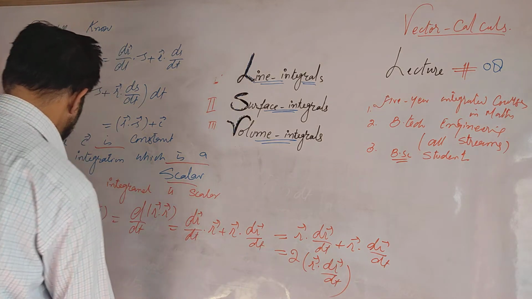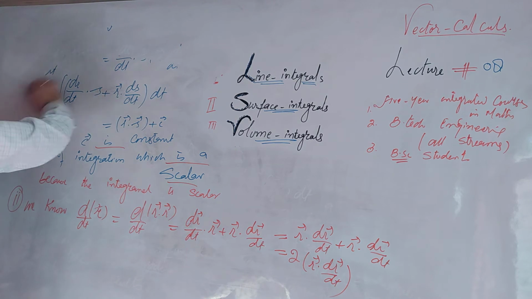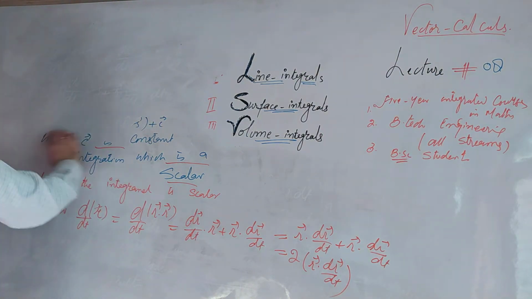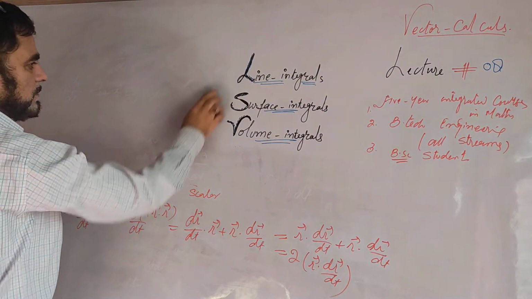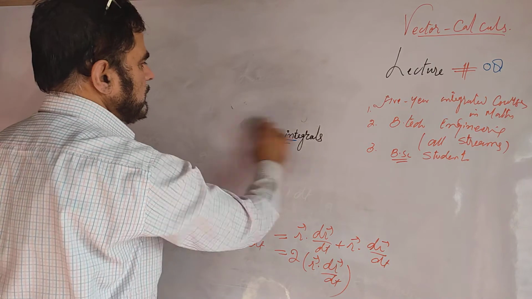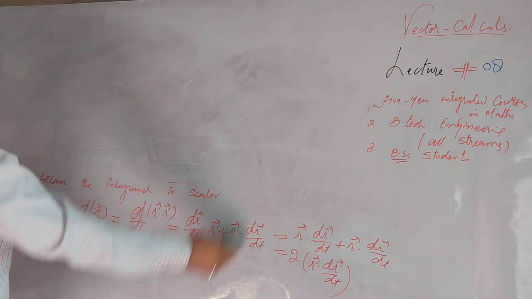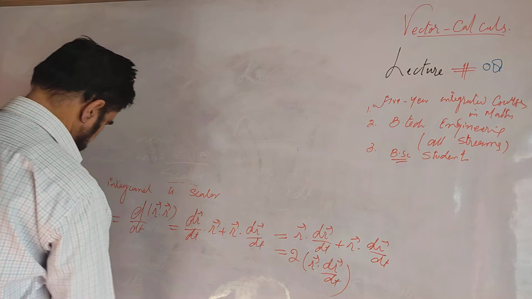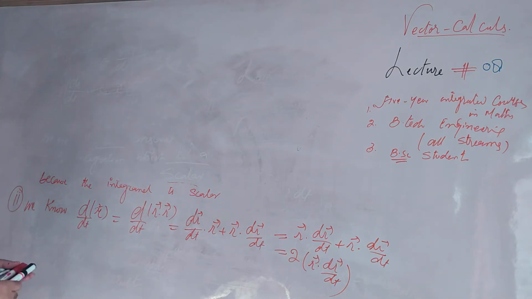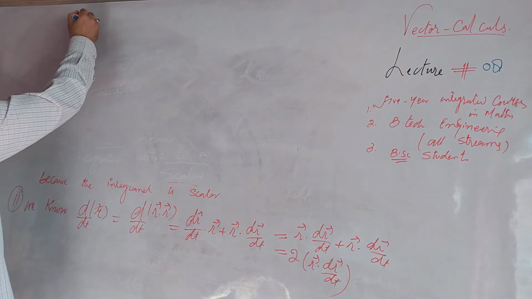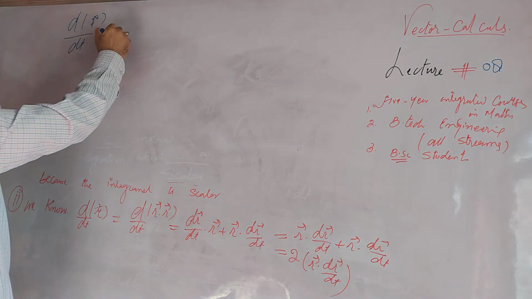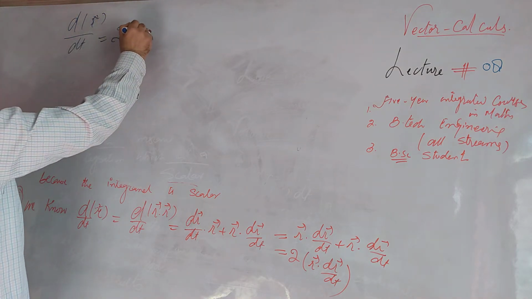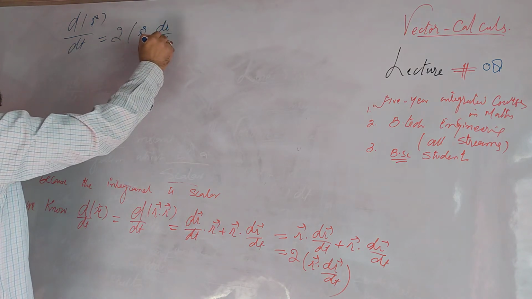Therefore, the derivative of r square with respect to t is 2 times r dot dr by dt.